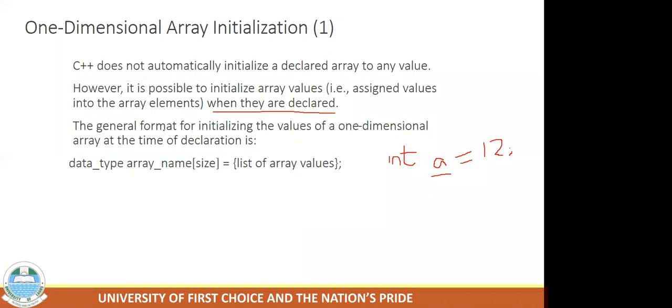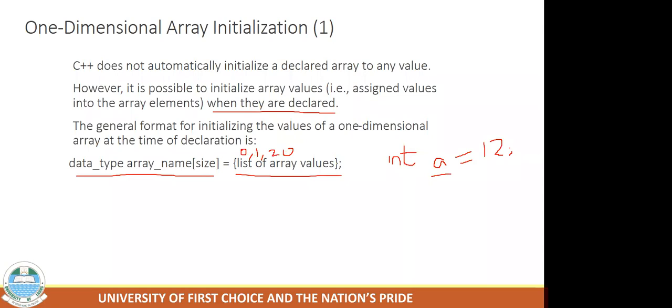So the general format for initializing the values of a one-dimension array is this. Just the way you create your array, you list some values, the list of array values. You can see that your list is in curly braces. So when you list the values, let's say 0, 1, 20, whatsoever, this will go to the first element, the second, the third.